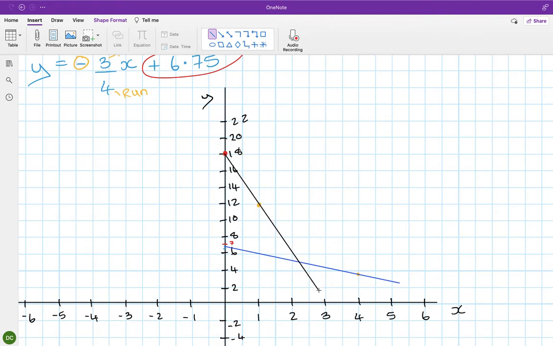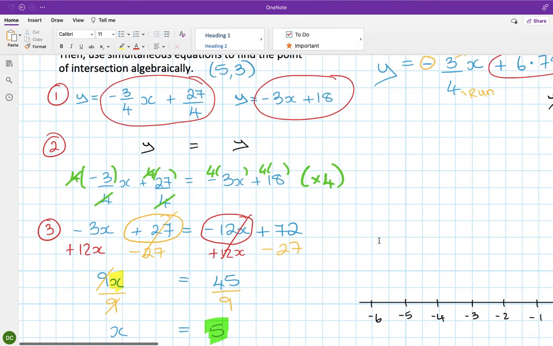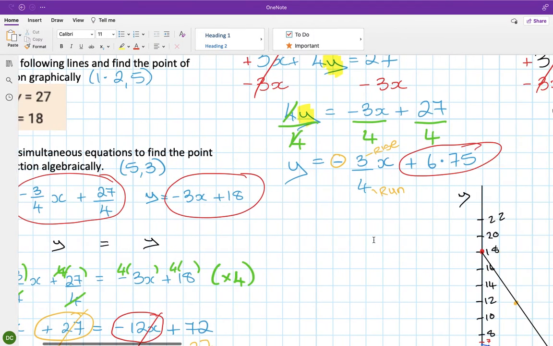I'm not getting anywhere near 5, like. Or maybe I am. 5, 3 is what I'm supposed to be getting.